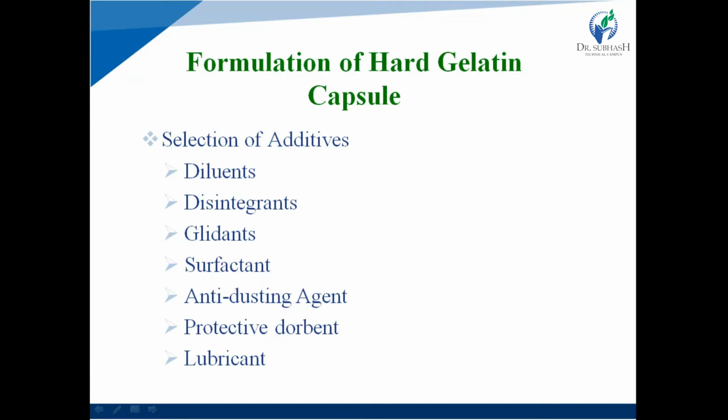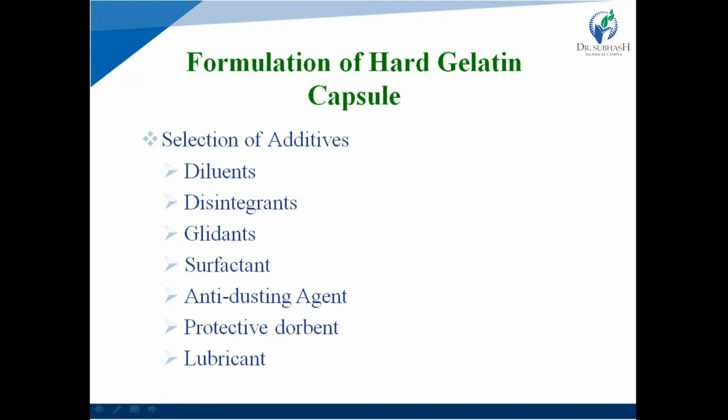anhydrous dicalcium phosphate, anhydrous lactose, calcium sulfate dihydrate, dicalcium phosphate dihydrate, etc. Next one is disintegrant, or role of disintegrant. These are agents added to the drug substances just before filling into capsule shell.